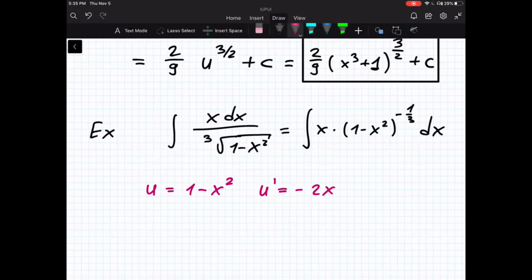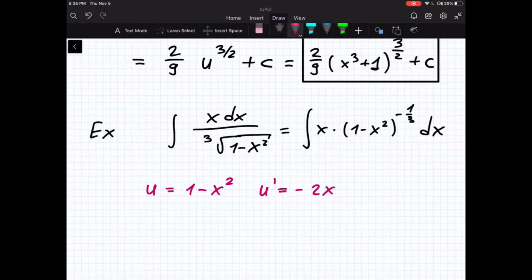The next example illustrates that we can use the general power formula in the case of a definite integral. Suppose we want to evaluate the definite integral from minus square root of 6 to minus 1 of x dx over square root of 10 minus x squared. There are two options. The first one is the following. Let's use our general power rule.